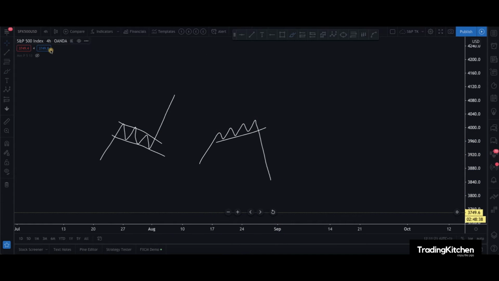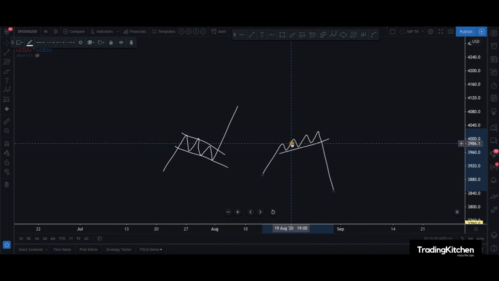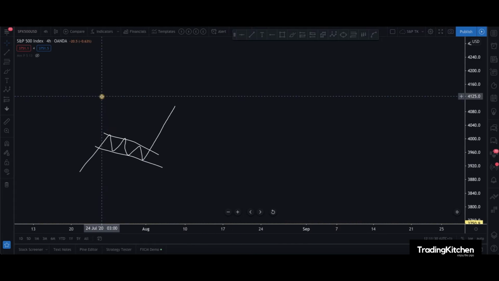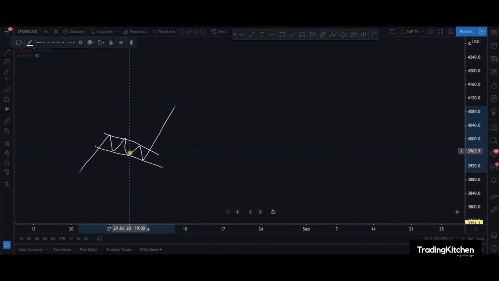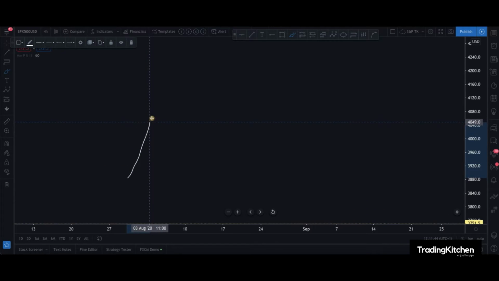Sorry, let me first start with this one. We can call it impulse up and channel down. So for example, when you have an impulse, and I think you already know what an impulse is, it must be a very long candle, a very huge candle made by volumes.